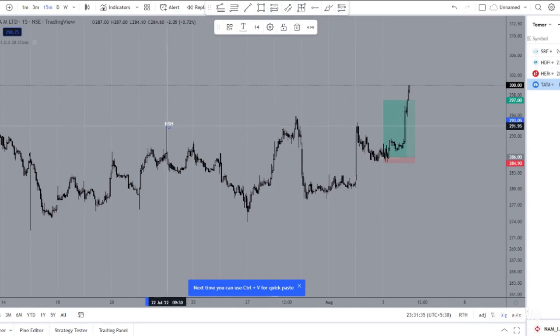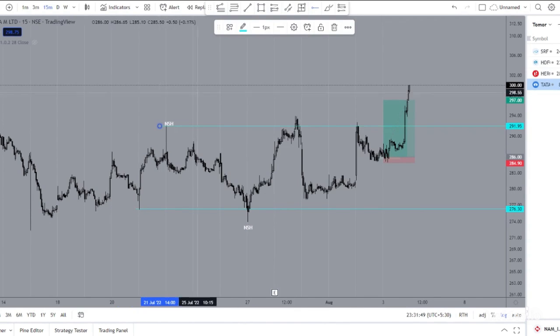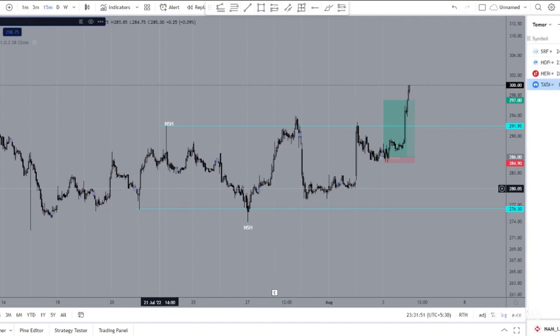Subsequently, without going up, it again created a new structure low. Why new structure low? Because this was the main swing previously. From this higher low, it made a new structure high, but this higher low was broken here, subsequently changing the trend into a downtrend.